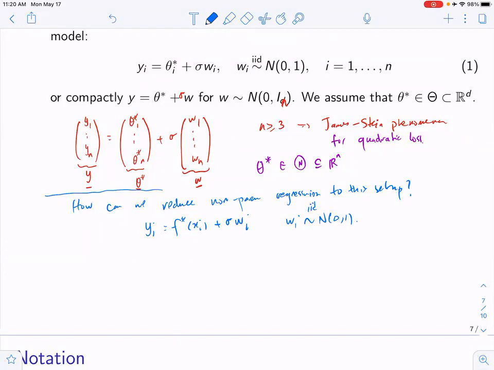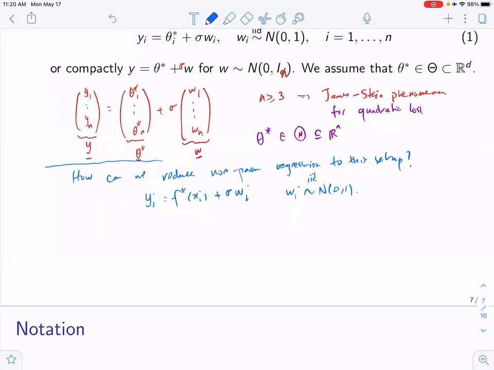And I think the parallel is quite clear, so people don't mention it. So let me define a map that maps f to this vector. Any function that you give me maps to 1 over root n times f of x_1 up to f of x_n.